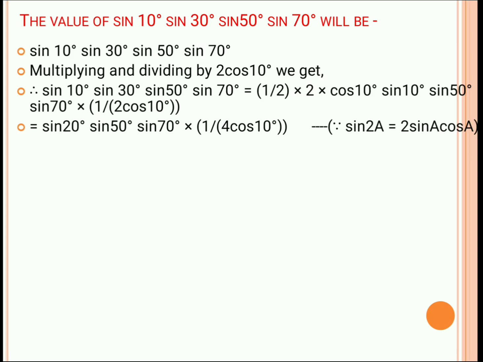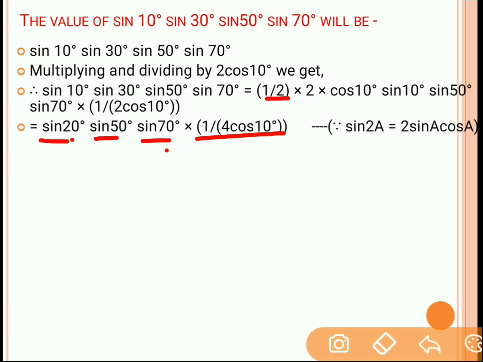So converting this expression, the 1 by 2 will get multiplied in the denominator. So it becomes 1 by 4 into cos 10 degree, and the numerator becomes sine 20 into sine 50 into sine 70. Again we need to check whether there are any complementary angles or not. 20 and 70 are complementary angles.